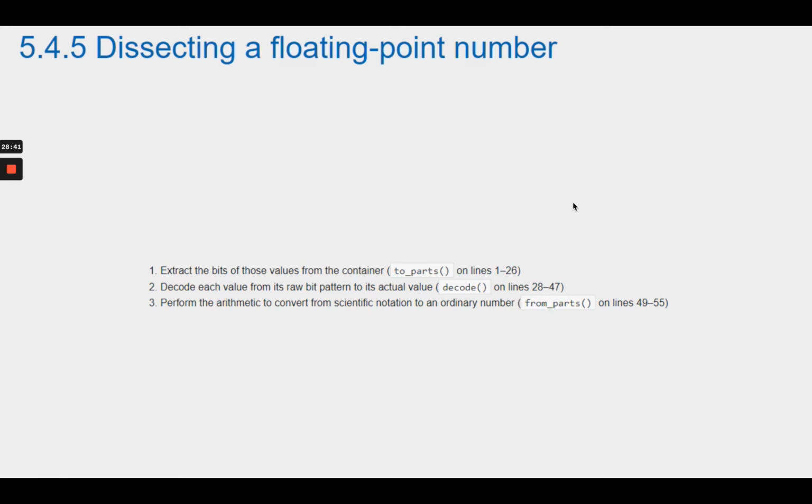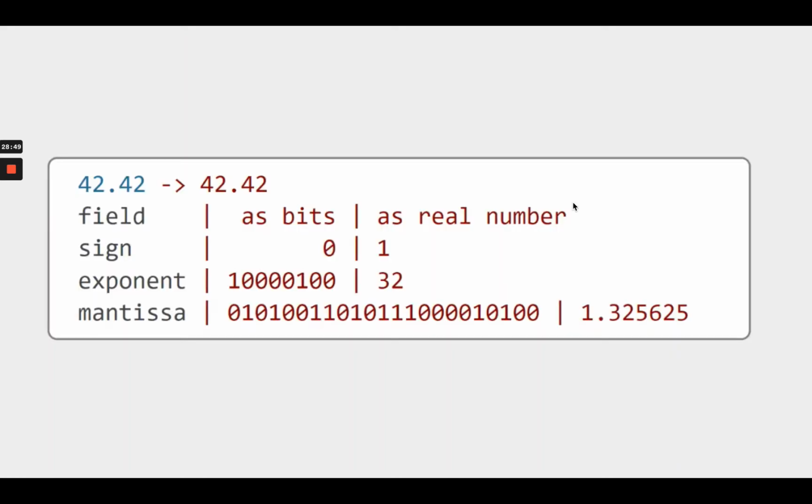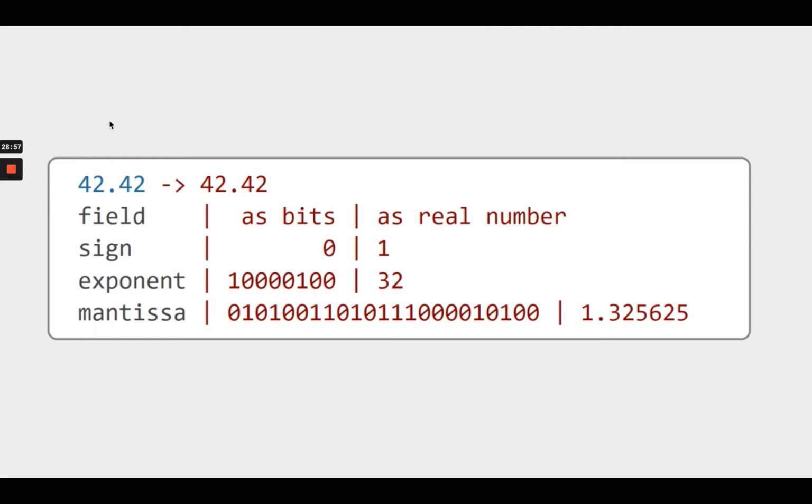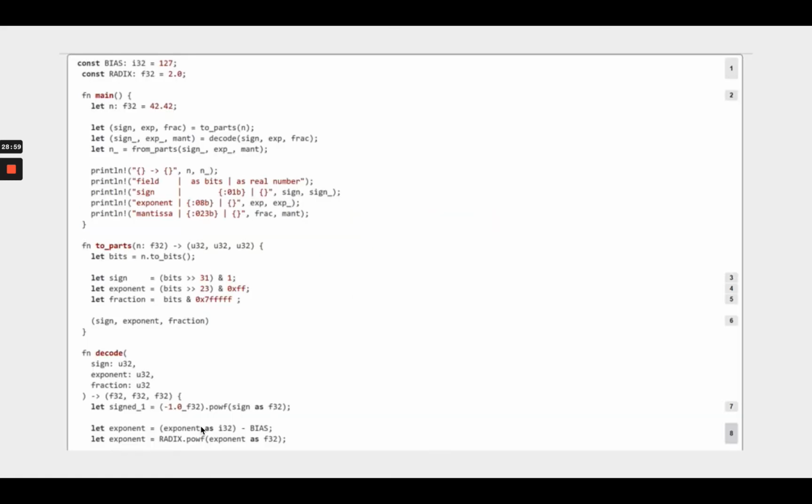Perform the arithmetic to convert from scientific notation to an ordinary number, from_parts, on lines 49 through 55. When we run listing 5.10, it provides 2 views of the internals of the number 42.42 encoded as an F32.